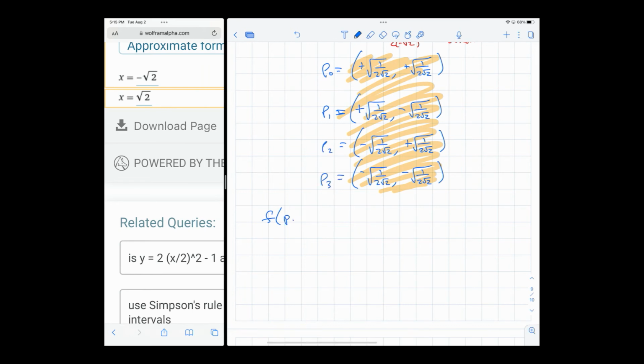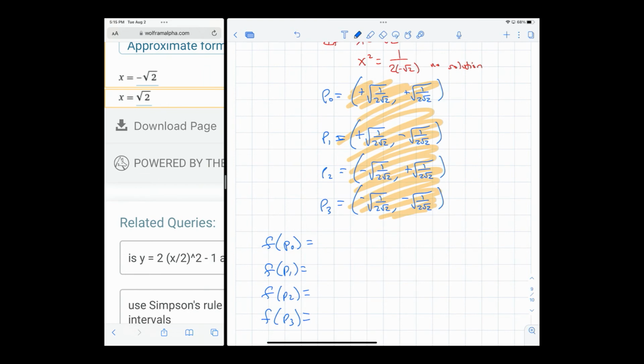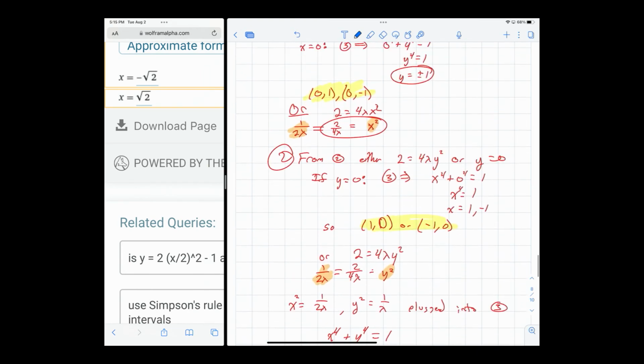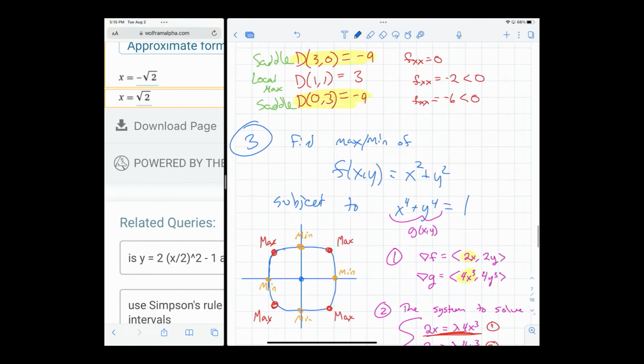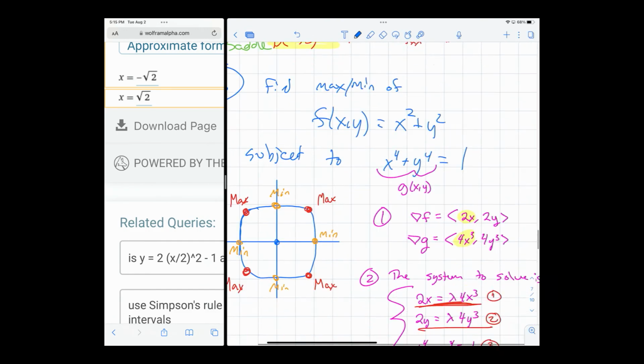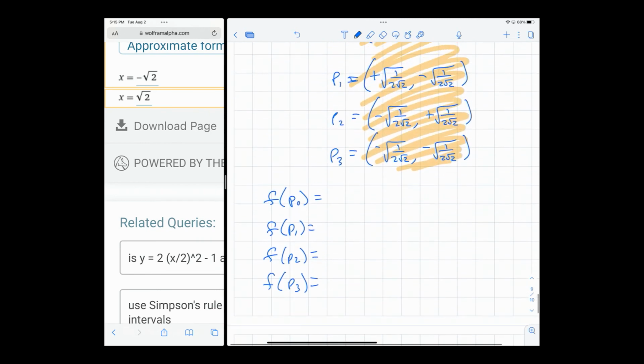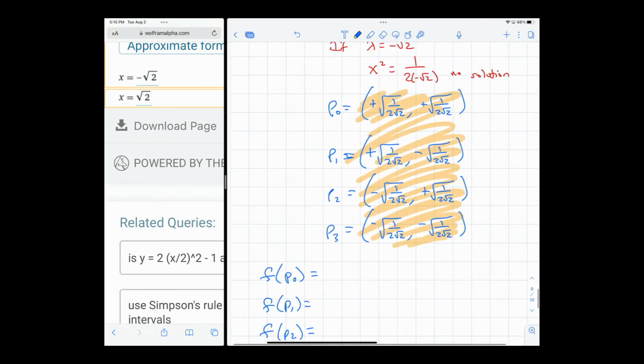You need F at P0, F at P1, F at P2, F at P3. I'm just too lazy to write them in that many times. So when you do that, the F, remember, was x squared plus y squared. So you were putting these in for x squared and y squared. You can do it by hand.